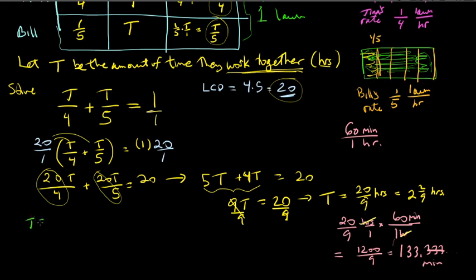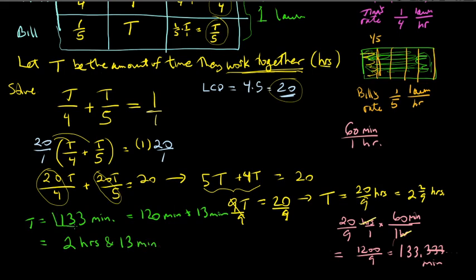So T, the amount of time it takes for them to work together, is 133 minutes. Or if you prefer, this is 120 minutes, which is 2 hours, plus an additional 13 minutes. So we can also say this is 2 hours and 13 minutes.